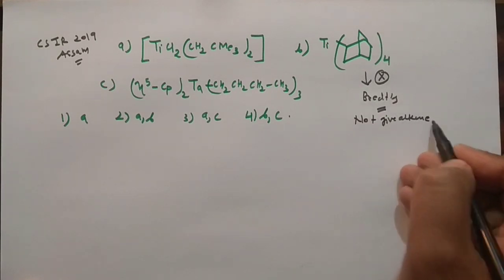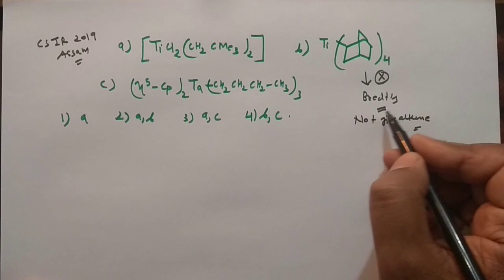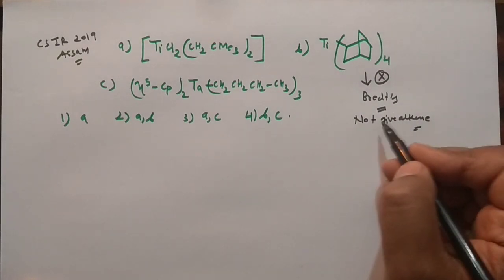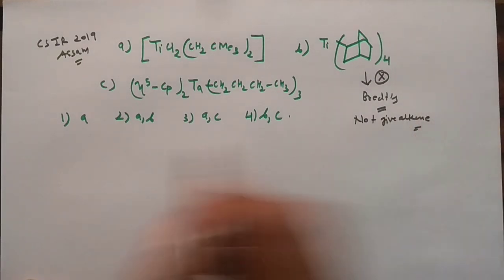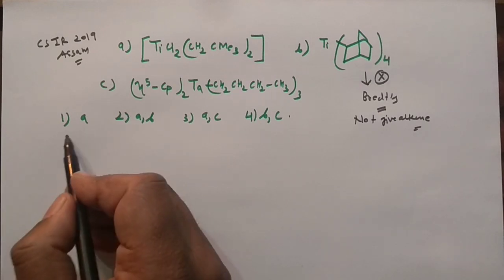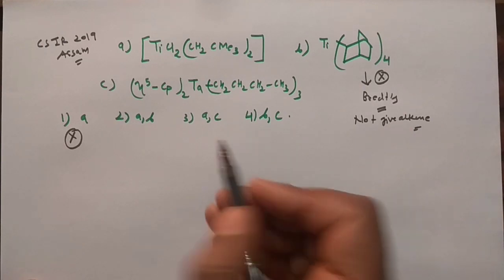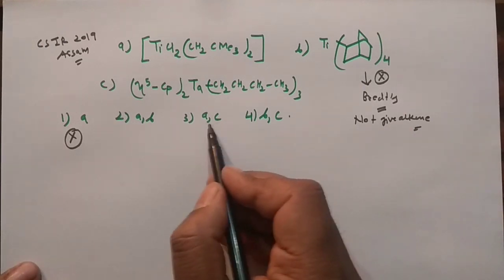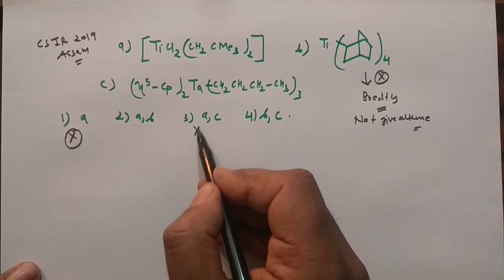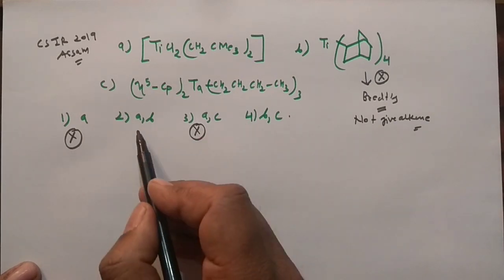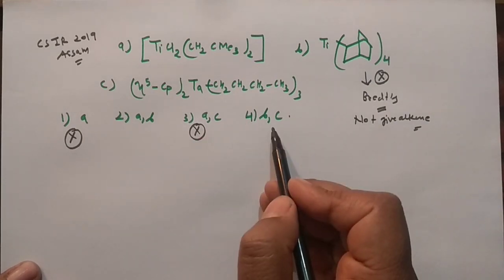So option B is there, and here only one option is given, so you can cross it out, right? And B is not there in this particular option, so you can eliminate this one. So your correct answer is either this one or this one, right?